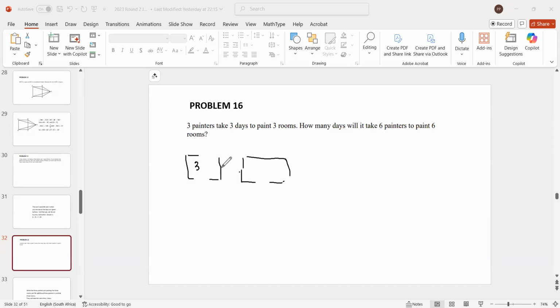You got 6 painters here, and you got 3 here, 3 here. Now these guys, you want to know how many days? These guys will take 3 days to paint 3 rooms. So there are 3 rooms here. And these fellows will also take 3 days to paint 3 rooms.